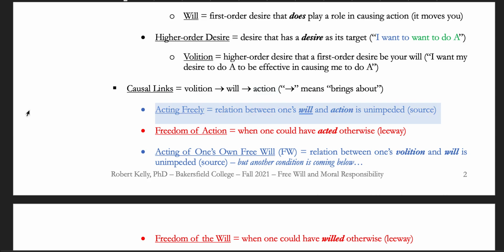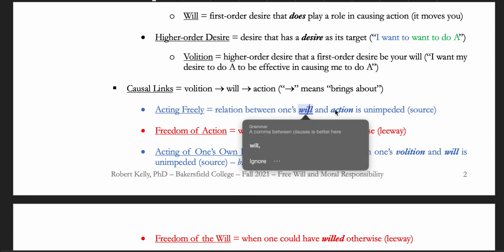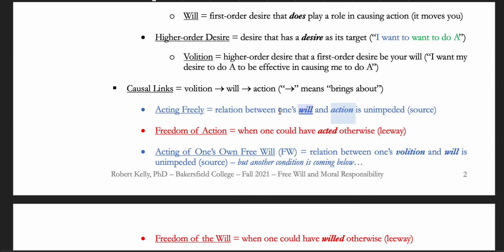Okay, now, with this kind of picture, volitions bring about your will, your effective desires, and your effective desires bring about your actions. Frankfurt says, acting freely means that the relation between your will and your action is unimpeded. Okay, this relation here, when you have a desire that actually plays a role in causing you to act, and nothing impedes that, so nobody's forcing you, right?